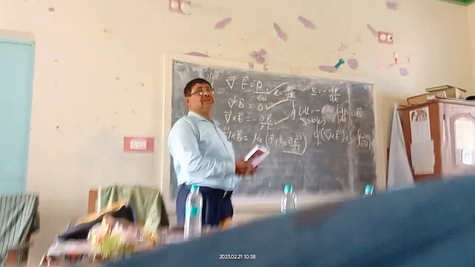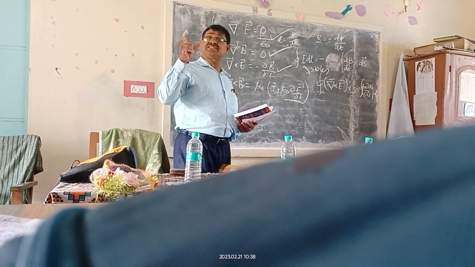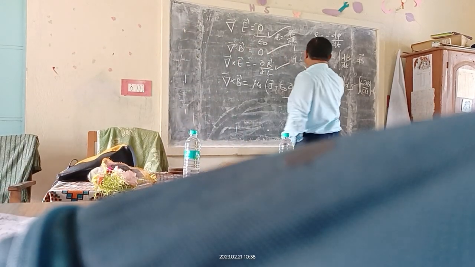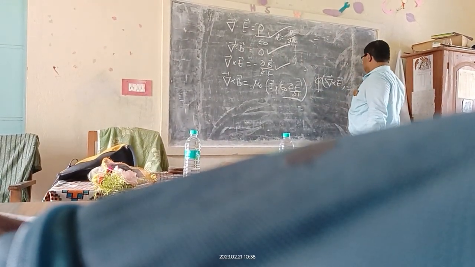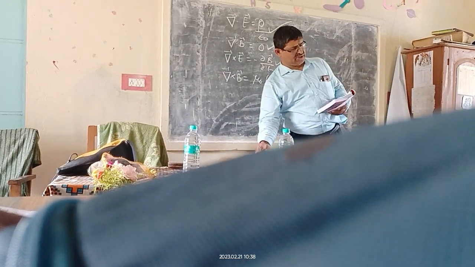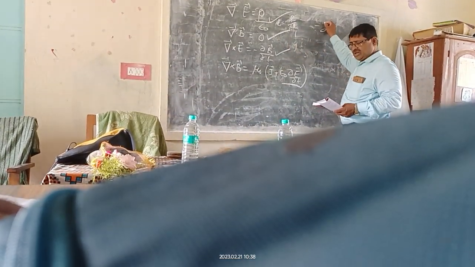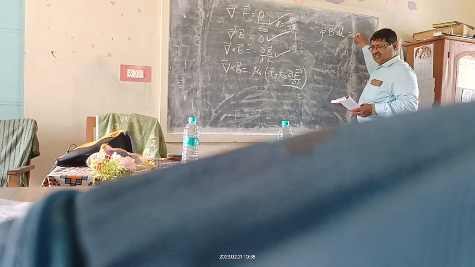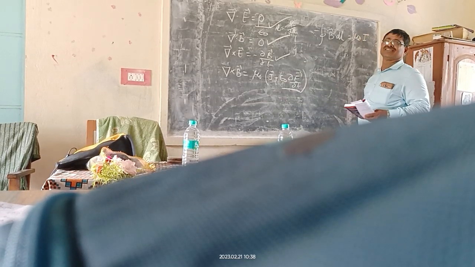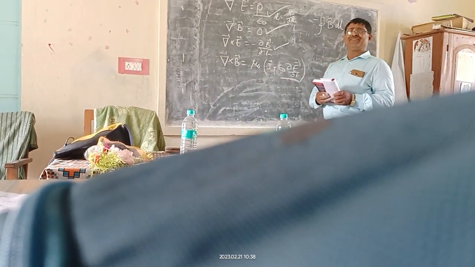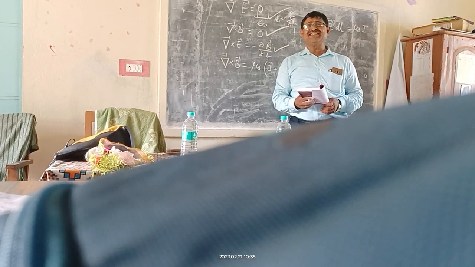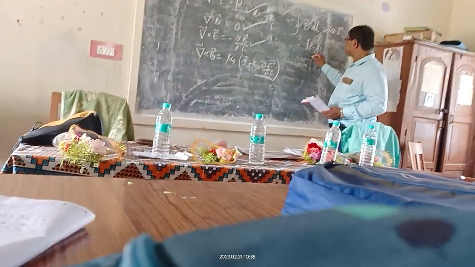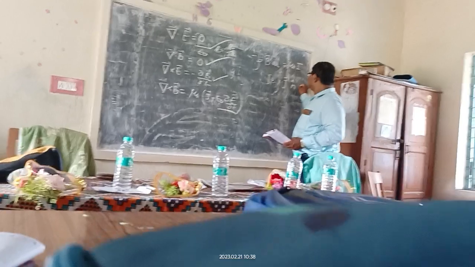Now come to the fourth one. The fourth one is Ampere's circuital law. Can I erase this? Yes. The fourth one says that the integration over C of B dot dl, this is Ampere's circuital law, is equal to mu 0 times I. How will we write I? We know the current density vector J is equal to I by A, and I is equal to J dot dA, and I can be written as the surface integration of J n cap ds.